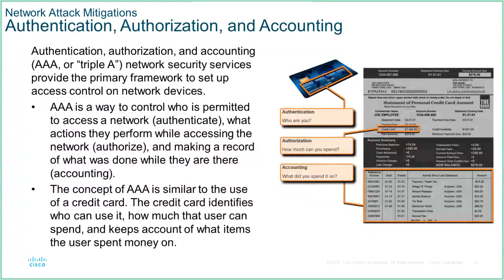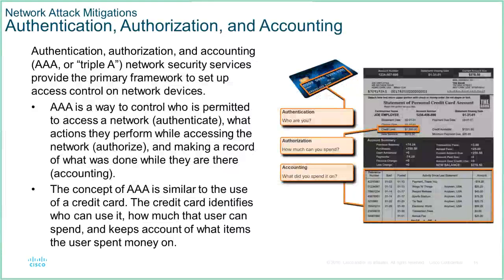Okay, authentication, authorization, and accounting, AAA. This is basically a way of keeping track of authentication. Authentication is who are you? Prove to me that you are you. Authorization is you can have access to the resources, or in this example they're showing here, a credit card.